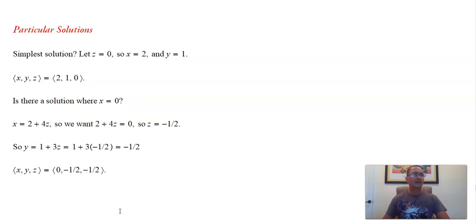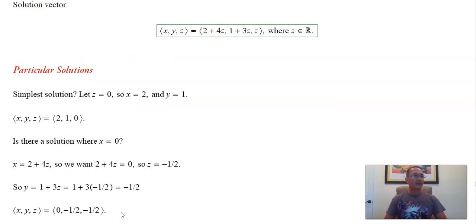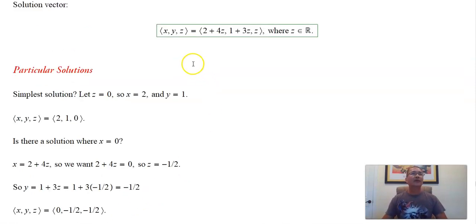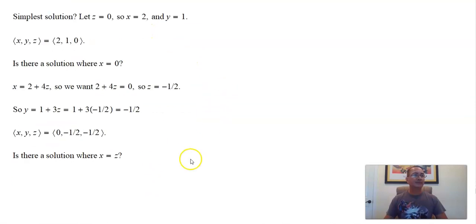So we can ask, is there a solution where x equals z? Okay, why not? So let's copy our solutions over here. So we want x to be equal to z.